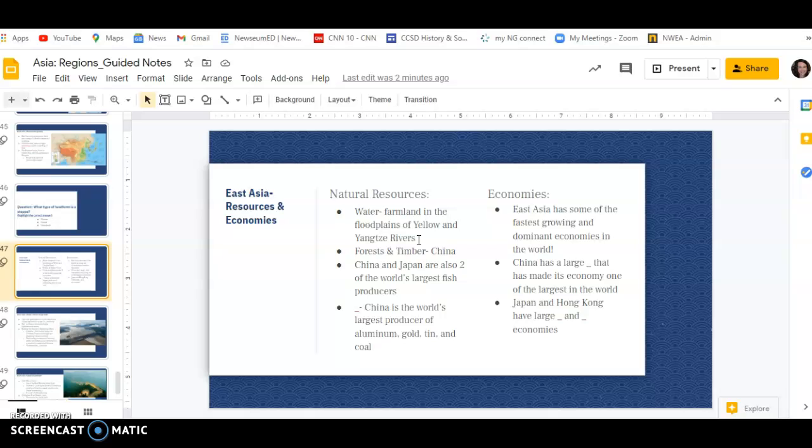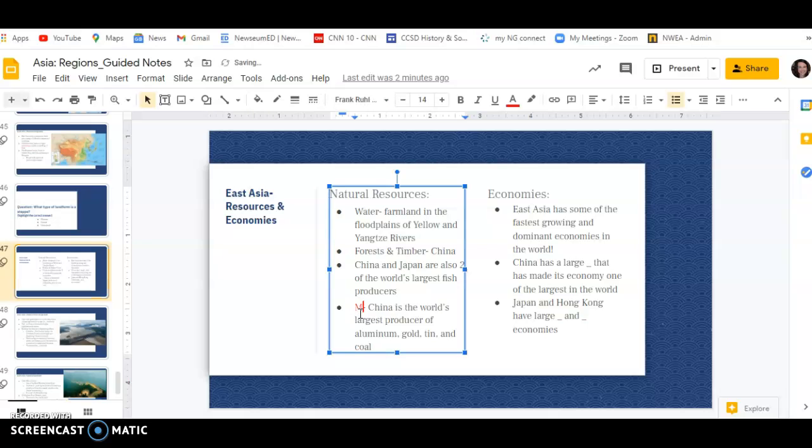Again, forests and timber, primarily in China. China and Japan are also two of the world's largest fish producers. And we'll talk a little more about minerals, China being the world's largest producer of minerals like aluminum, gold, tin, and coal.